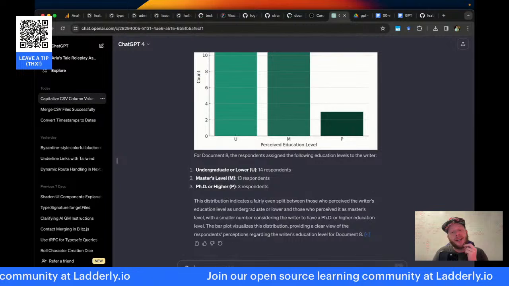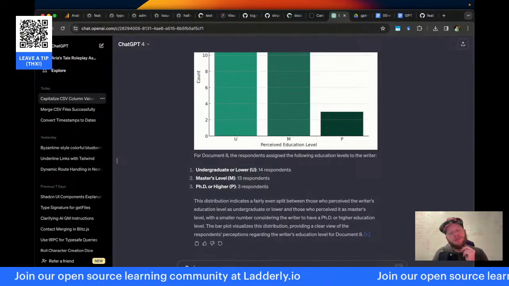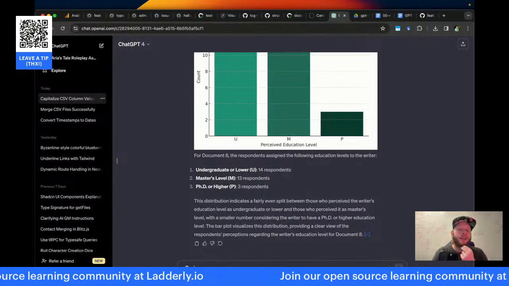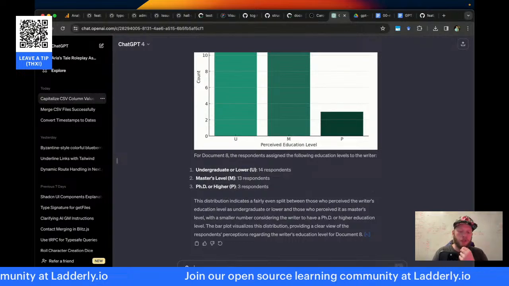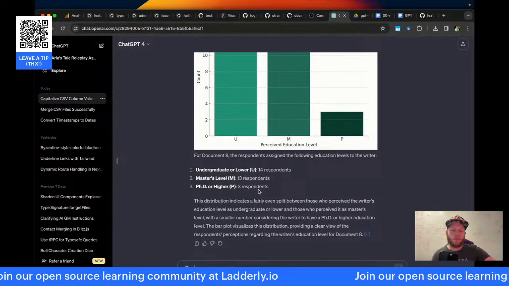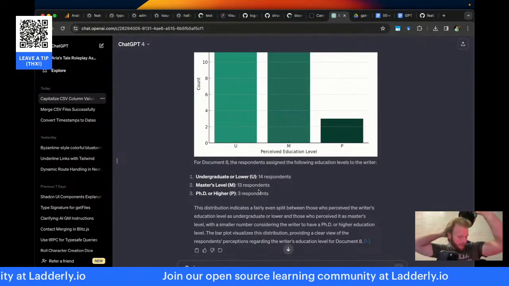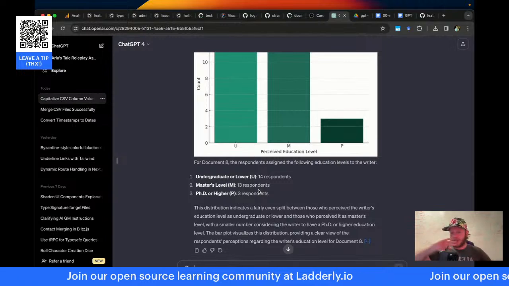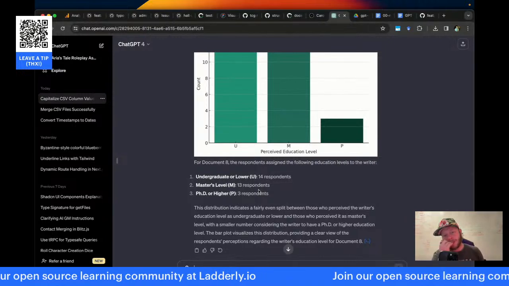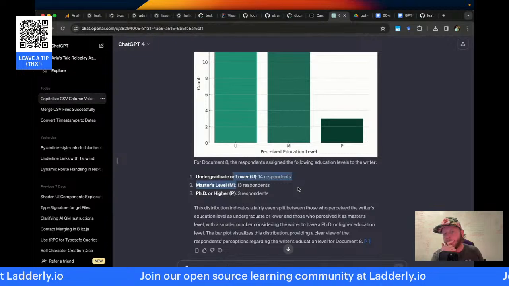Interesting. So it's assigned an undergraduate to master's level rating. So it's calibrated, basically calibrated between these two.